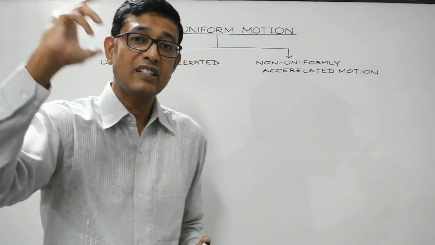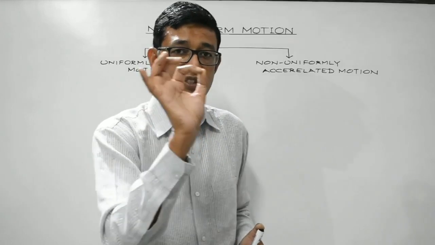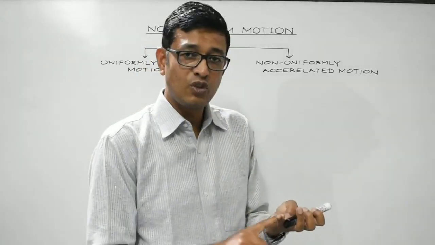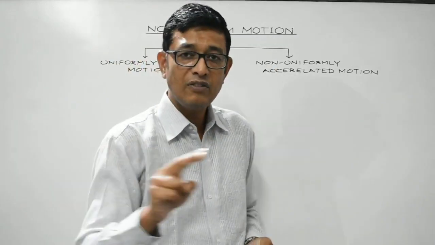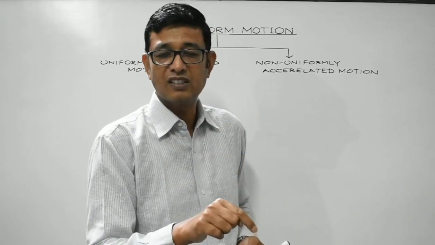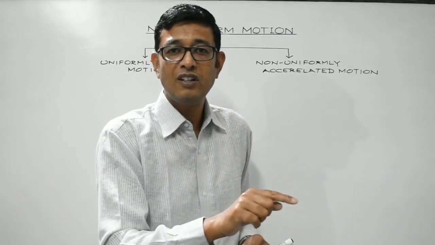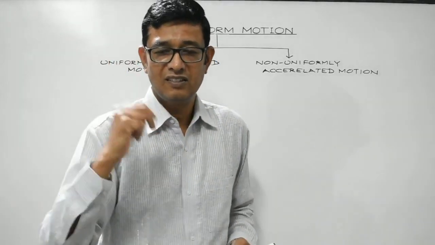Velocity, remember, is a vector quantity. It has magnitude and direction. So when I say velocity remains constant, it means its magnitude and direction both should remain constant so as to have uniform motion. On the other hand, as we have just discussed, in the case of non-uniform motion, the velocity is not constant. It varies.